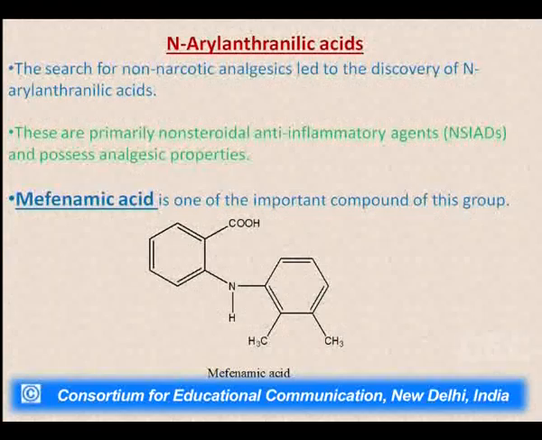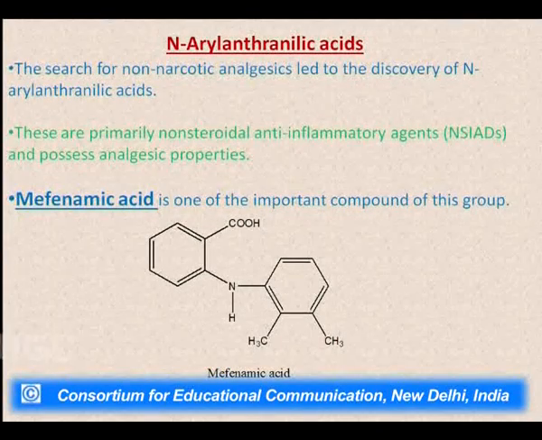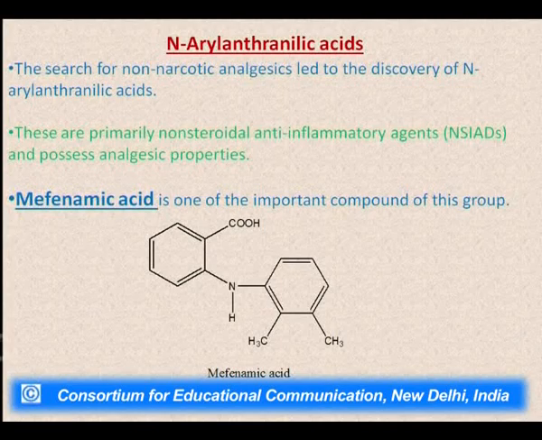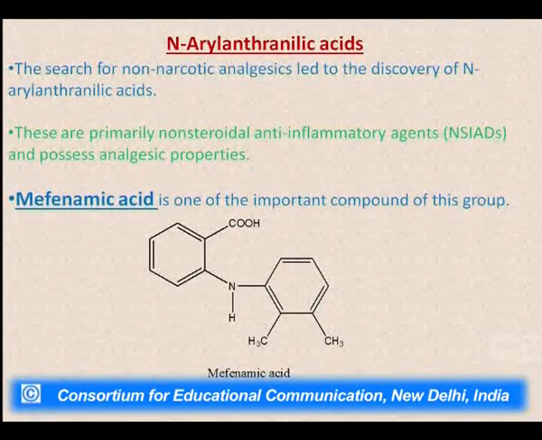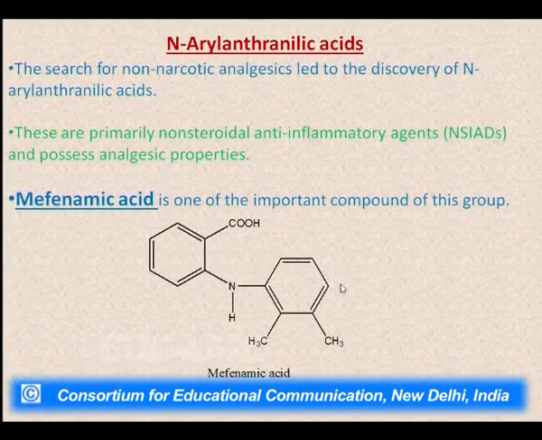The search for non-narcotic analgesics led to the discovery of N-aryl anthranilic acids. These are primarily non-steroidal anti-inflammatory drugs, also known as NSAIDs, and possess analgesic properties. Mefenamic acid is one of the important compounds of this drug class. The structure of mefenamic acid we have shown you.